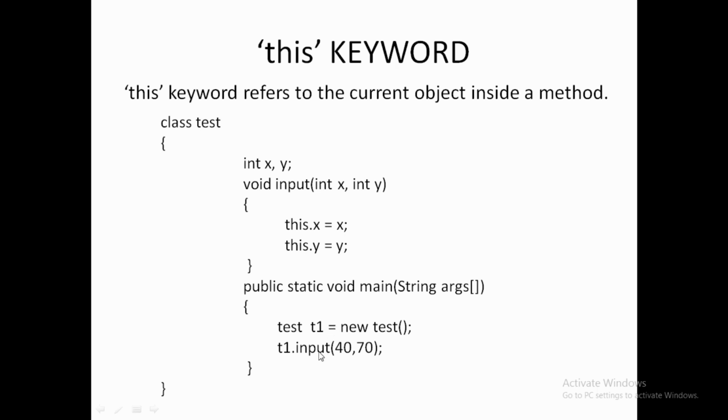Now when you call the input method, X and Y will have the values, as in the case here, 40 and 70 respectively. Now if we want to assign these two values to the instance variables, how can we write it? If we write x equal to x, that will create confusion.